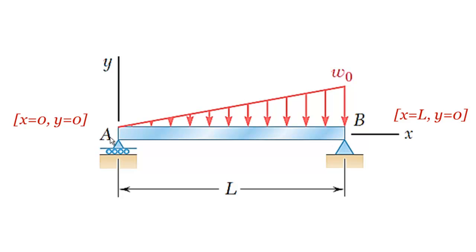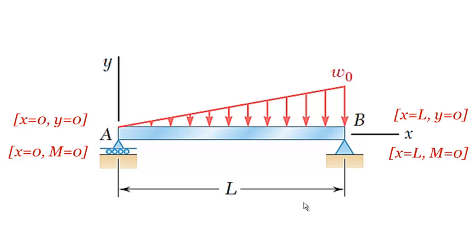This support and this support do not move up and down under this loading. So these are 2 boundary conditions, 2 more to go. Now, at x equals 0, M equals 0, because at this kind of support there is no moment, if the beam is simply supported like this. And at x equals L, M also equals 0. So that's a total of 4 boundary conditions.